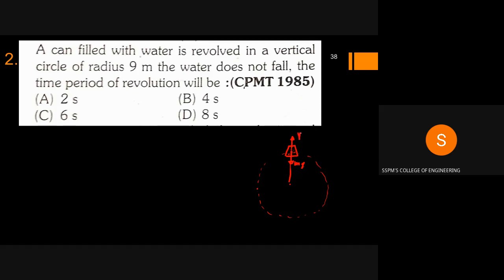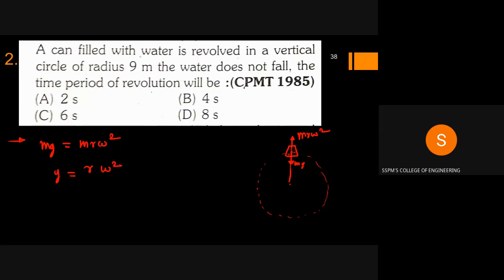So this is m r omega square. For equilibrium, as water does not fall, weight of the water mg is equal to m r omega square. So from this, g is equal to r into omega square.